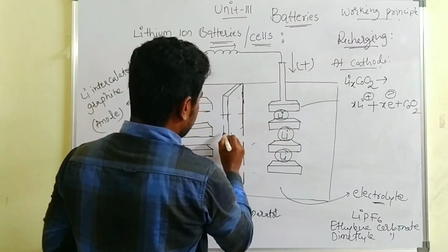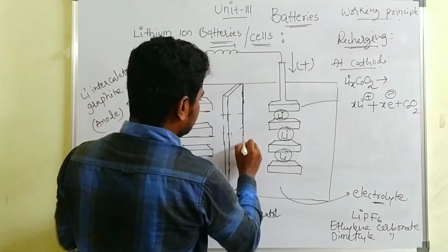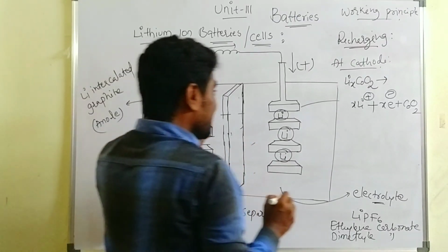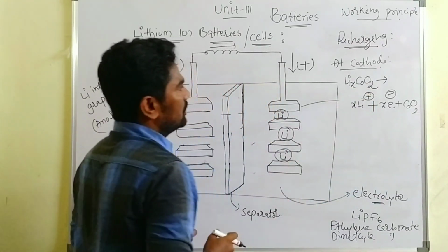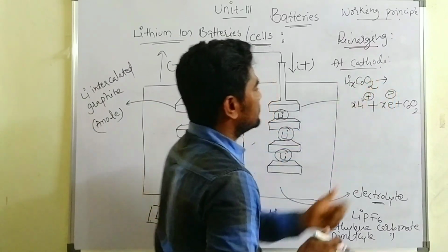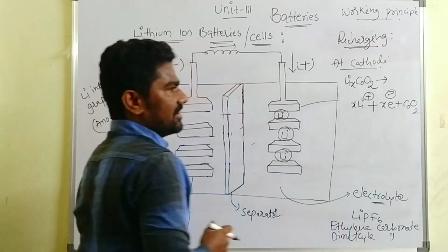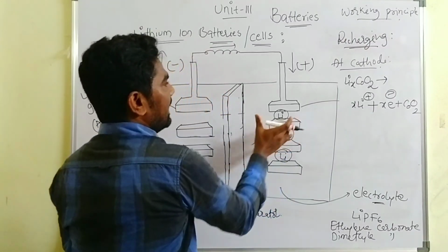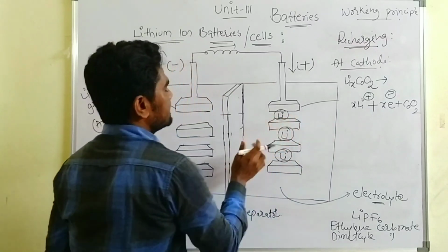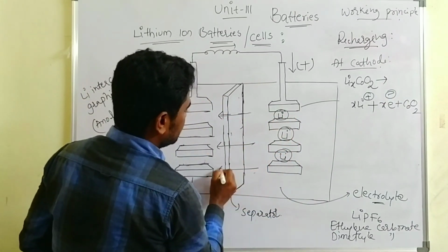So what happens here in the recharging mode? If you see here, this LiXCoO2 can dissociate into XLi+ plus X electrons and cobalt oxide, isn't it? The cobalt oxide remains layered here, and these released XLi+ can move in the reverse direction.